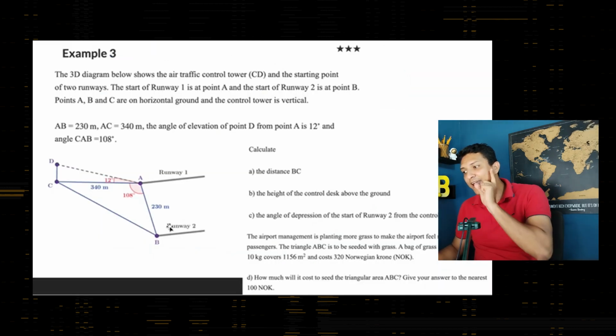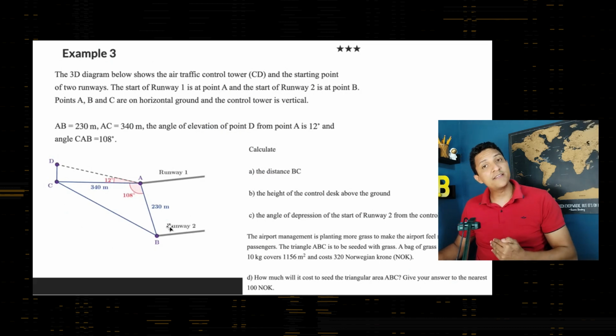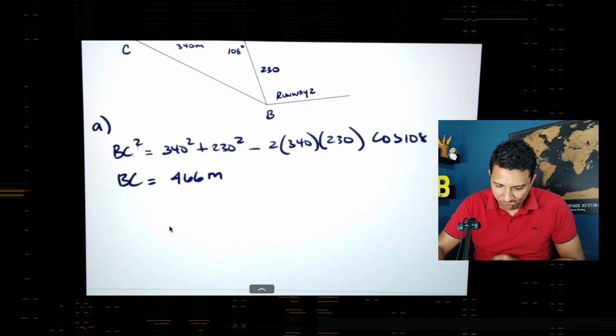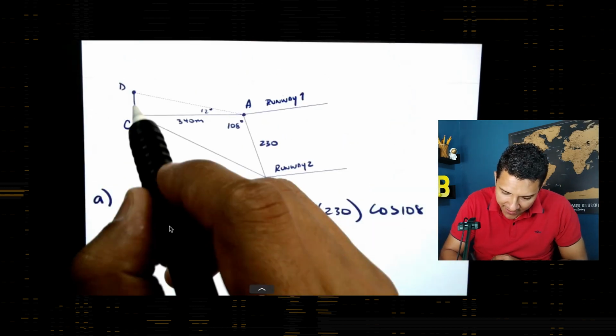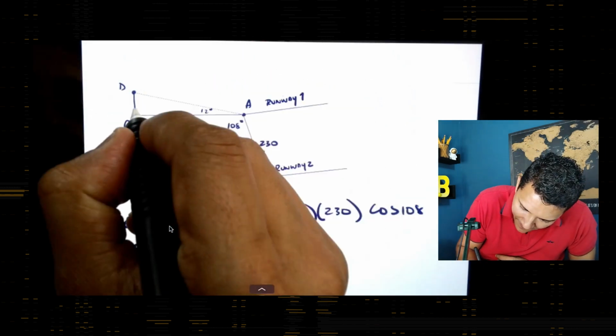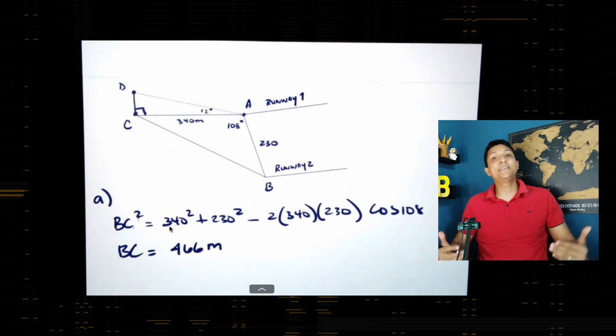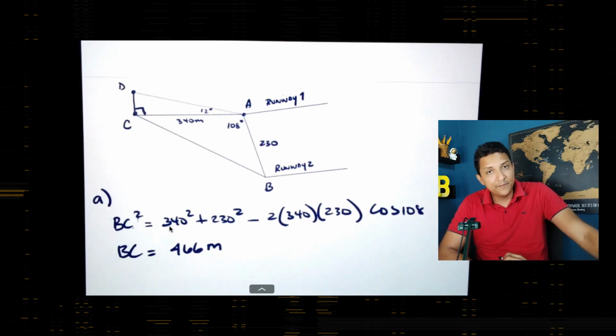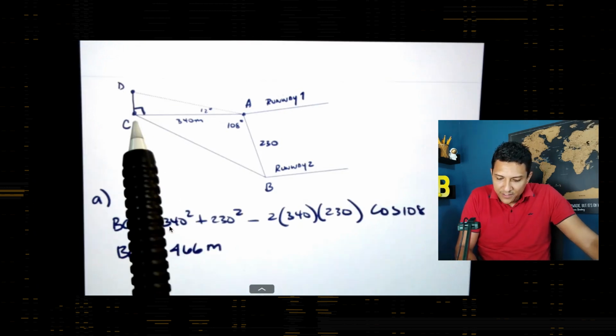Question B. Find the height of the control desk above the ground. So this is the control desk, and basically it makes 90 degrees with the horizontal, and they are asking us to find CD. Notice something important here.